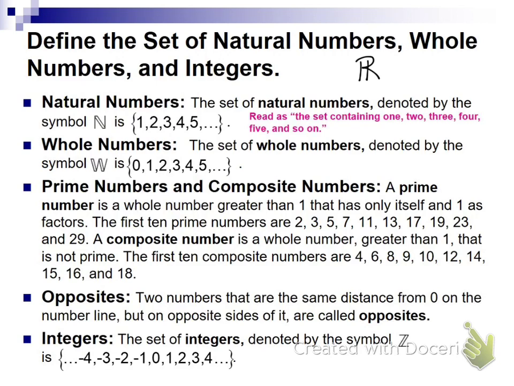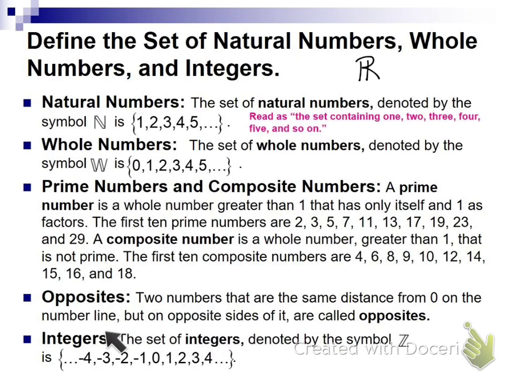And we know whole numbers start with 0 and so forth. We know the difference between a prime and a composite. A prime number is only divisible by 1 and itself, whereas a composite number is a whole number greater than 1 that is not prime.